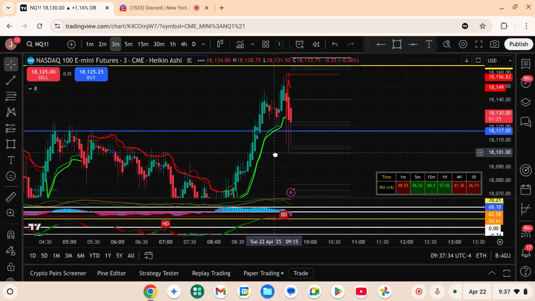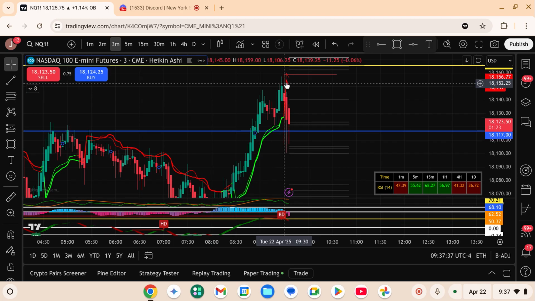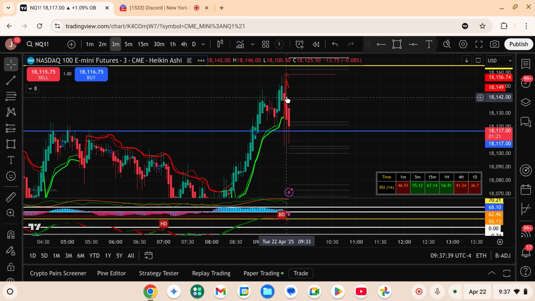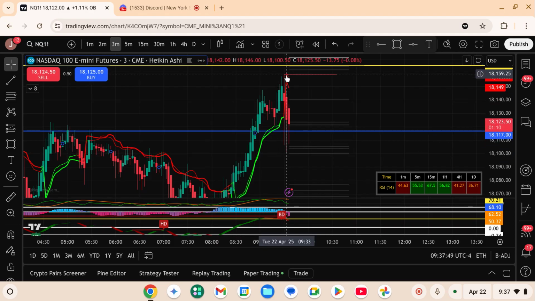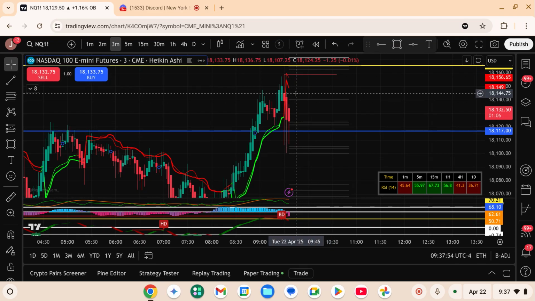If both of them are red, it's a strong indication that it wants to continue down. If both of them are green, it's a strong indication that the price wants to continue up. So I have custom settings for both of these, so that it gives me a double confirmation.